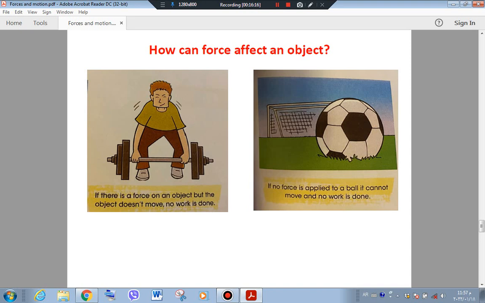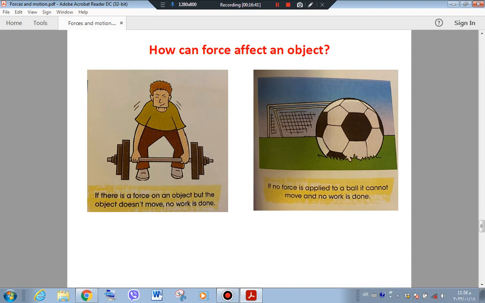Here we're going to see how force affects an object. If there's a force on an object but the object doesn't move, no work is done. For instance, it's a clarification of the zero work. This guy over there just went to the gym. It's the first day.